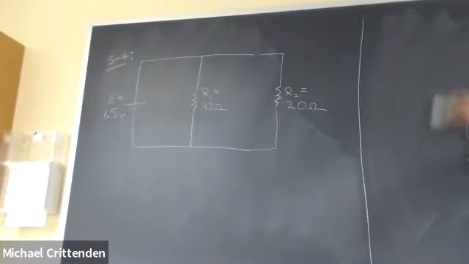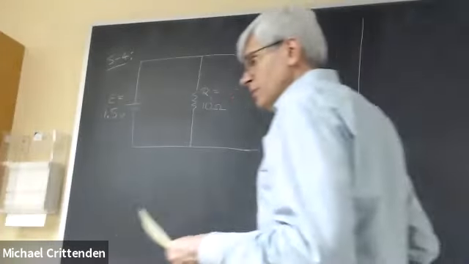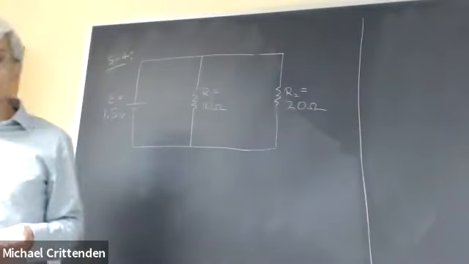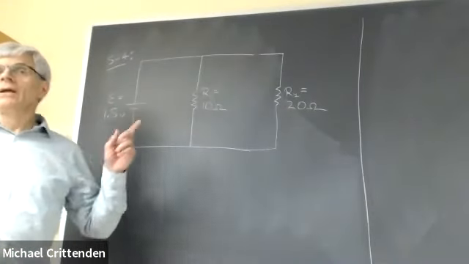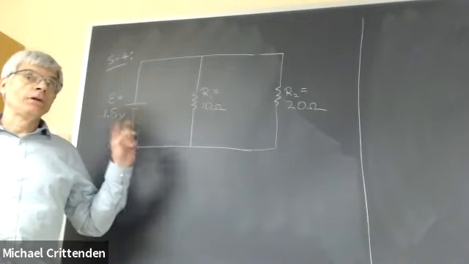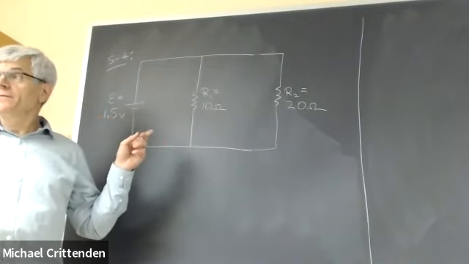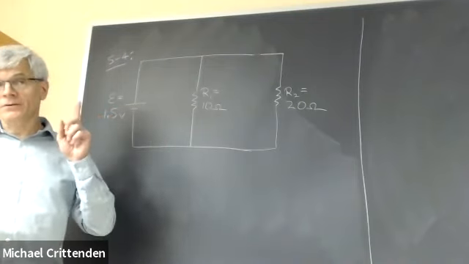So 2 resistors in parallel. The other thing you want to label before you start flinging equations around is the currents. In a circuit with more than one loop, there are different currents in different parts of the circuit.